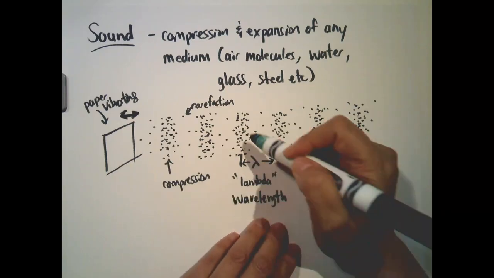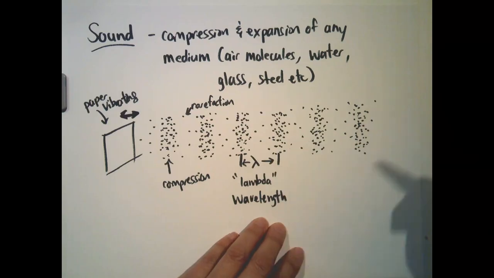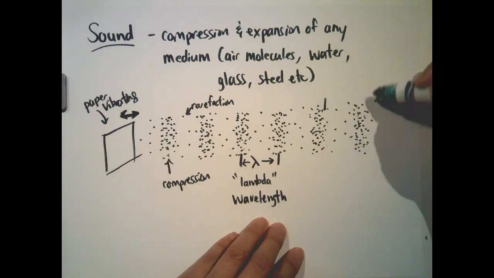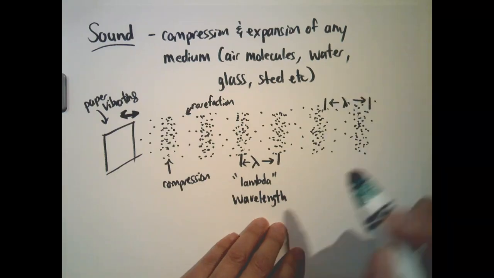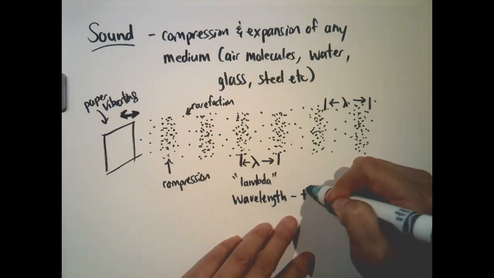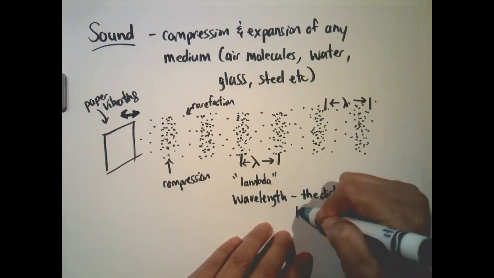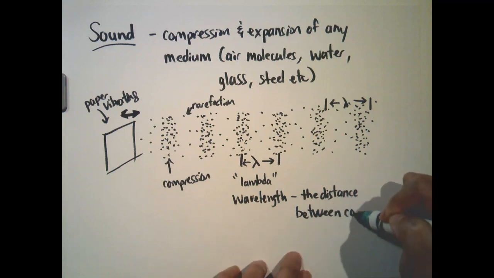And that could be measured from the middle of the compression to the middle of the compression, or from the end of one compression to the other end, or the beginning of one compression to the other. It's essentially the distance between compressions.